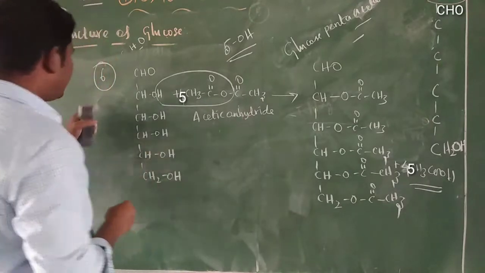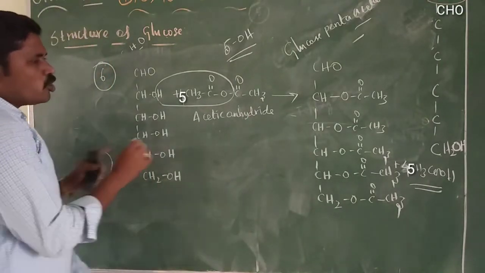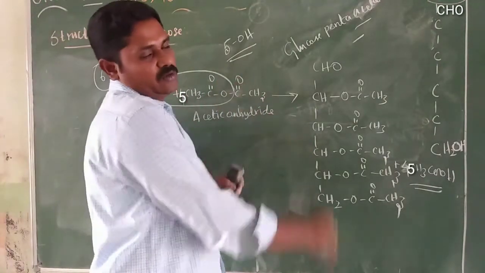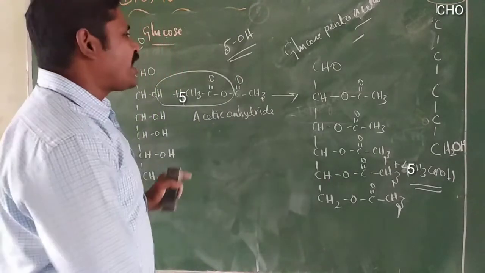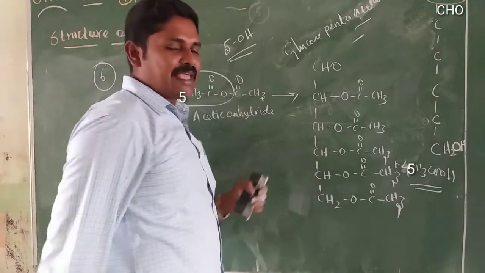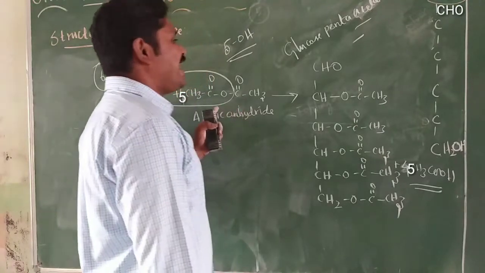In the 7th point, glucose is a stable compound. Dehydration cannot easily occur.